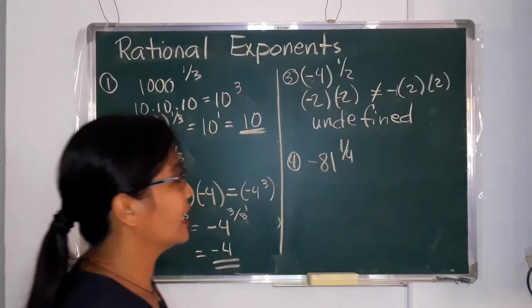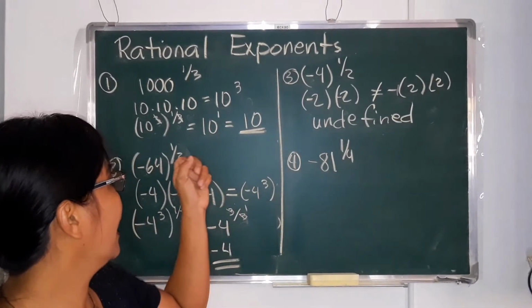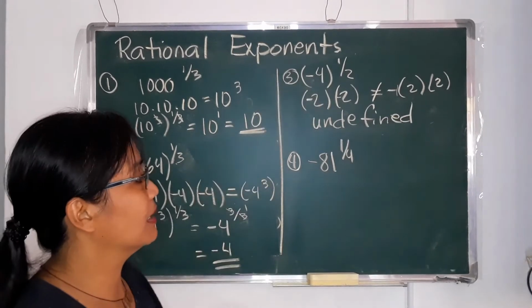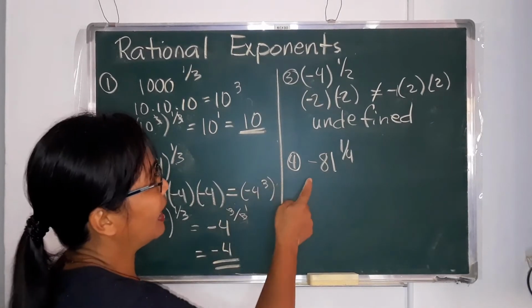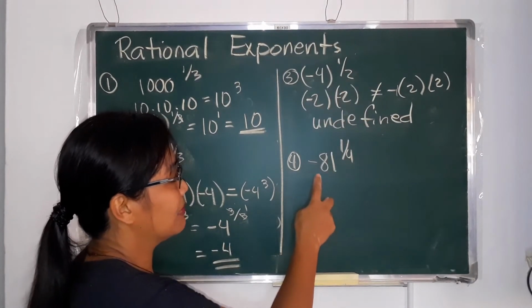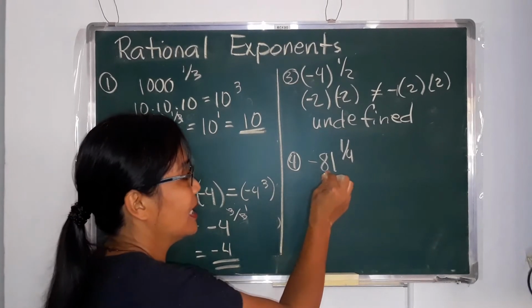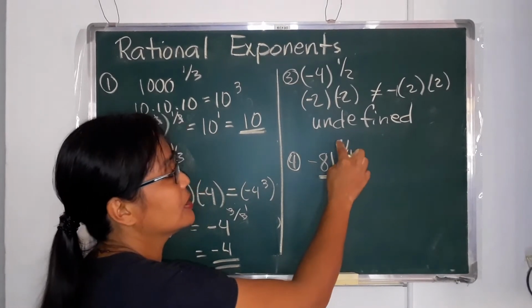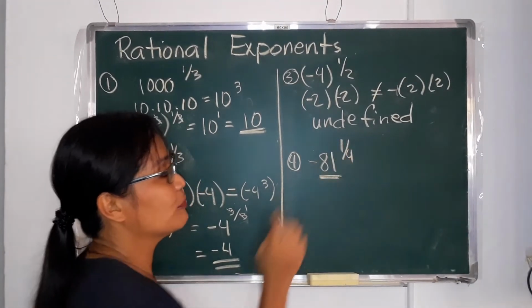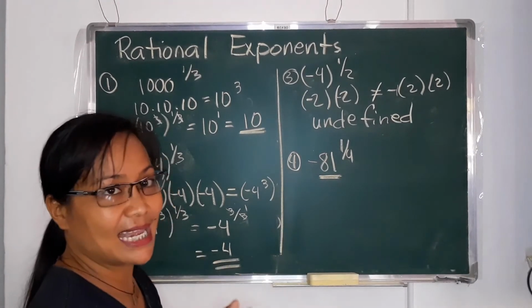Meron tayo dito negative 81. Ito magkakaiba. Of course. Okay. Anong pagkakaiba nito at nung nauna? Pareho namang even number. Ang pagkakaiba nila, ito ay walang close and open parentheses. Ibig sabihin, itong 81 na ito, siya lang ang sakop ng exponent na 1/4. Ang negative ay hindi kasali.